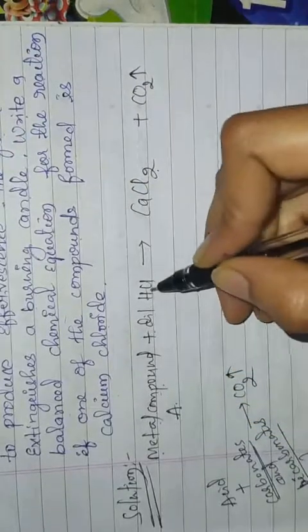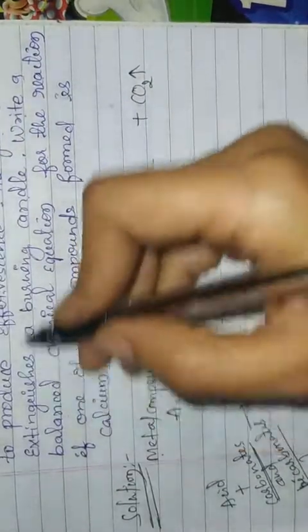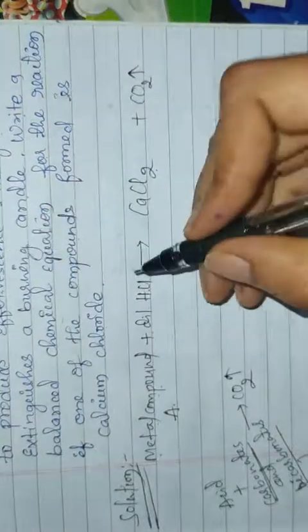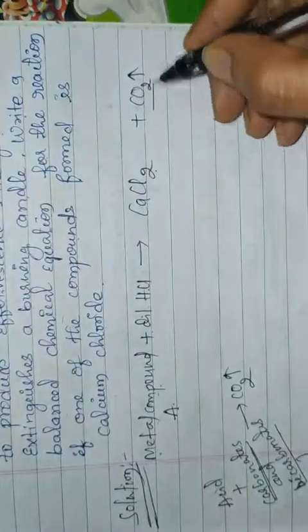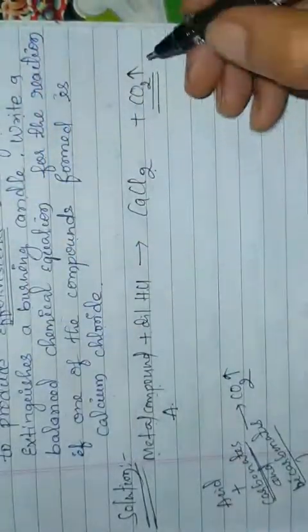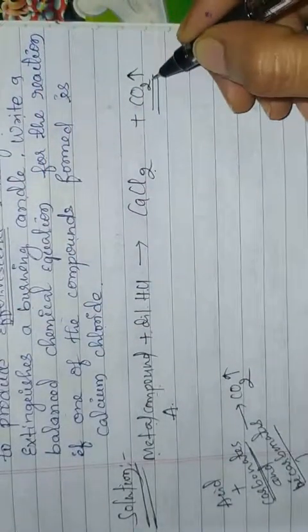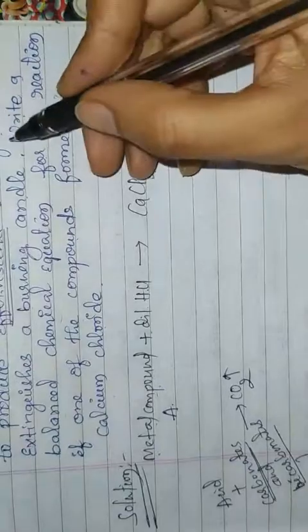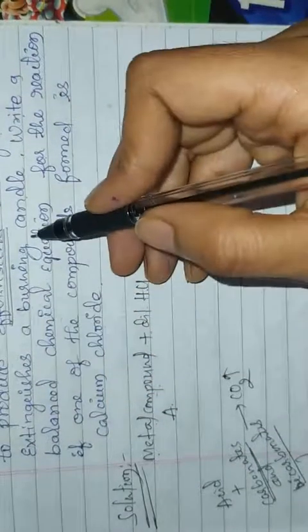It reacts with dilute HCl to produce effervescence. Effervescence will be observed only when carbon dioxide gas is evolved. The gas evolved extinguishes a burning candle.